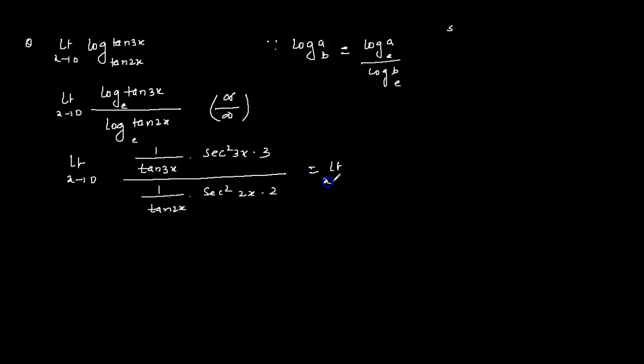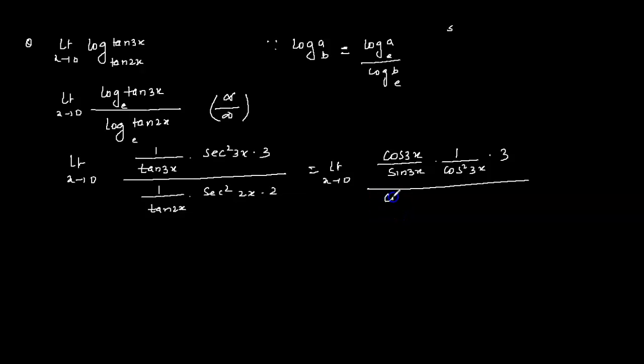If we simplify, limit of x tends to 0. Tan I can write as sin by cos, so cos goes up: cos 3x by sin 3x, and secant square is 1 upon cos square of 3x, into 3 as it is.